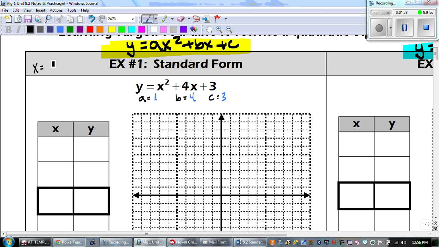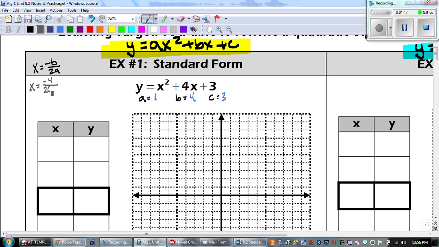When we are finding the vertex, we're going to use the equation x equals the opposite of b over 2a. So x equals the opposite of b. Well, b is 4, so that's negative 4. That's the opposite.